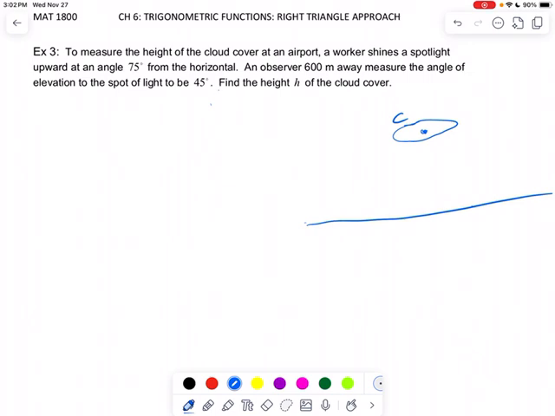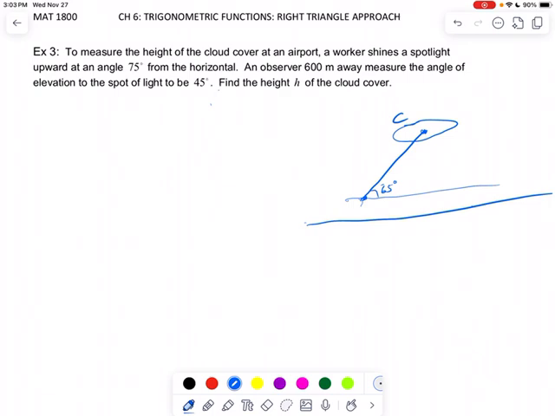So the line from the light to the cloud, if you are going to consider the height of the person, or height wherever the torch is. So this angle with the horizontal is 75. Well, I think it's okay.